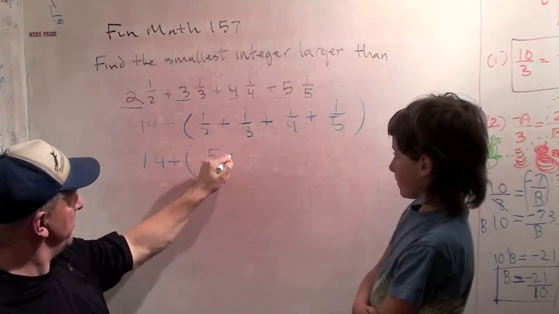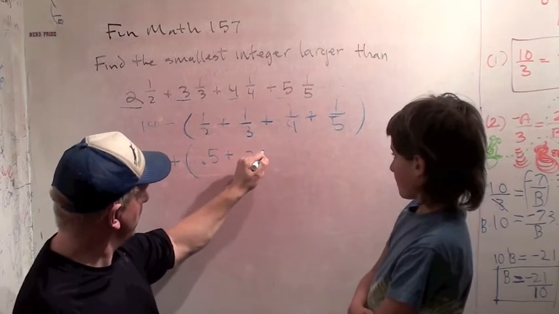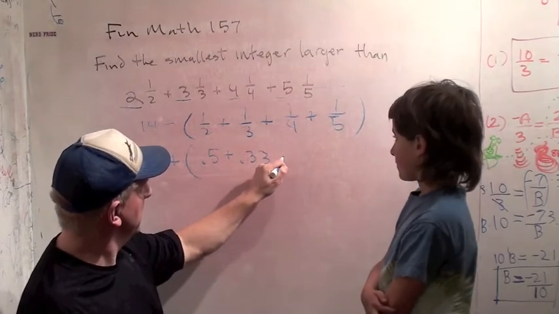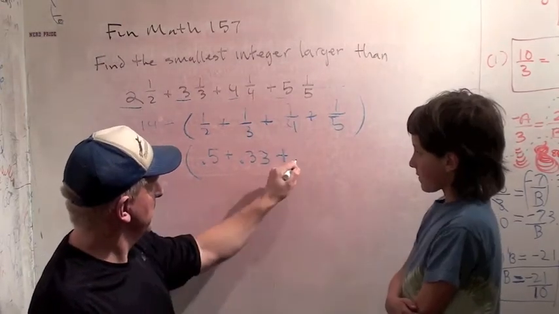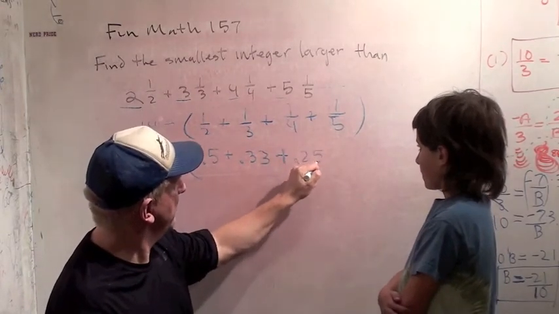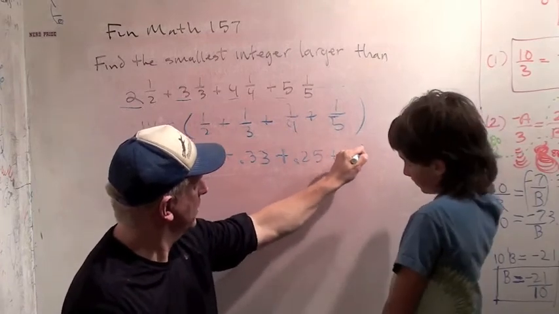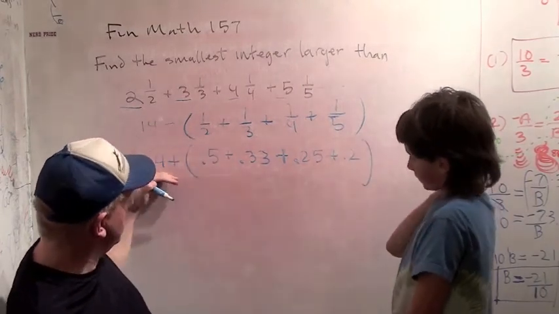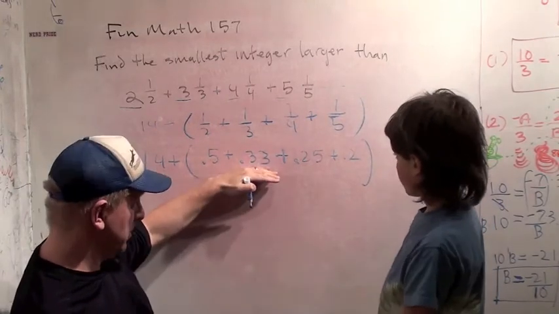What's the decimal for a third? 0.333333333. Okay, so let's just say 0.33 just for fun. Plus a fourth. What's the decimal for a fourth? 0.25. And what's the decimal for a fifth? 0.2. Okay, awesome.